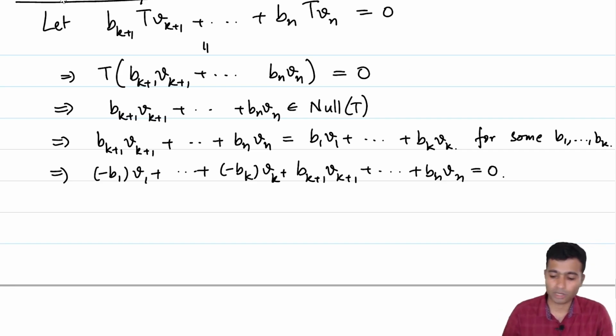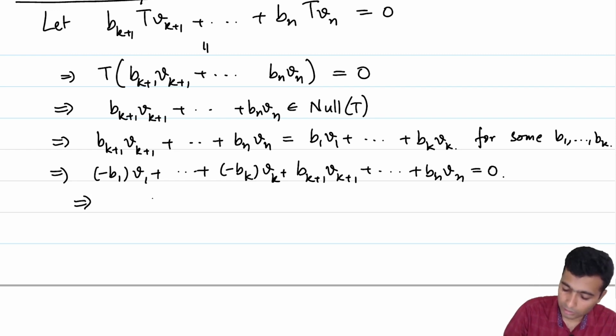It's for you to understand from the context that this is the 0 vector in V here. Okay, we know now that V1 to Vn is a basis of capital V, and because of linear independence, this forces each of these Bi's to be 0.